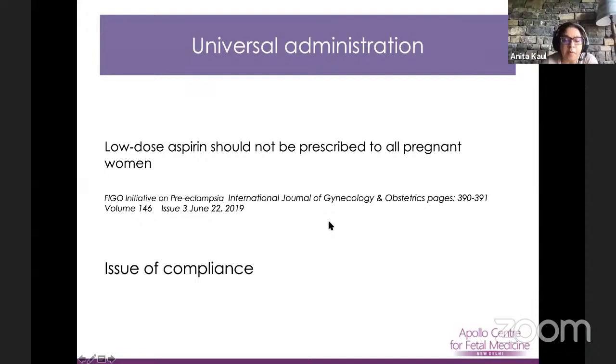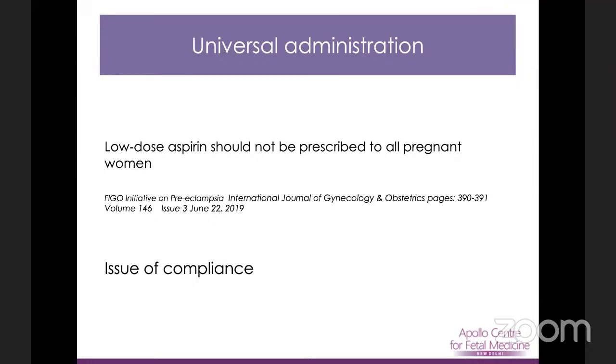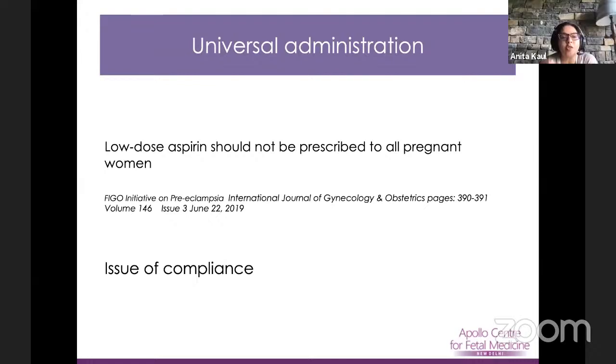And that is the reason that we say that you should not prescribe it to all pregnant women, because a lot of obstetricians think, oh, well, why not just give aspirin? And FIGO has very clearly said that you shouldn't. I mean, that's another talk, to say what are the side effects of aspirin. But the main issue is compliance. If a woman gets a whole litany of medicines, which includes aspirin as well, she does not take it religiously day after day until she delivers.